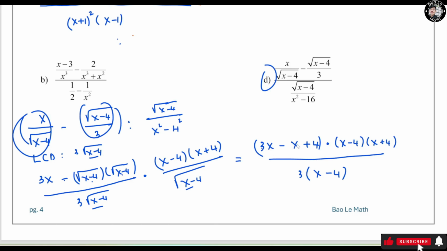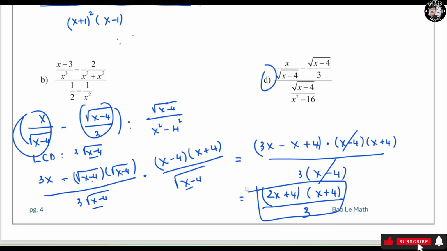Now 3s − s could be 2s, right? So you have 2s + 4, right? Now this guy and this guy cancel out, right? So you have s + 4 left on the top. The bottom should be 3. This one is the final answer, right?